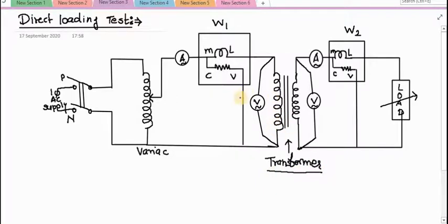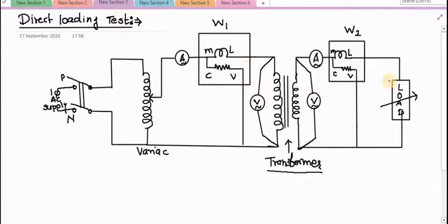The primary of this transformer is connected across an AC supply of the rated voltage. So I have written one single phase AC supply here. And this primary of the transformer is connected to the AC supply through instruments like an ammeter, voltmeter and wattmeter.